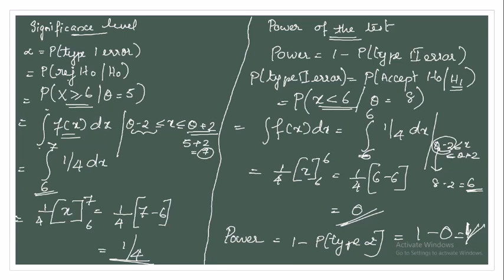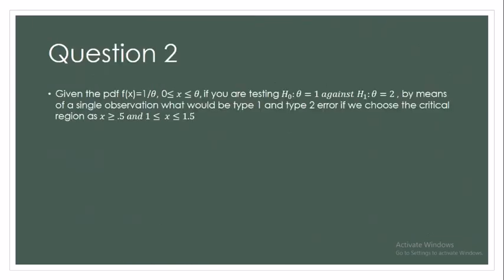Let's move on to the next question. The next question is about what you are given: the PDF f of x is equal to 1 by theta. There is a range for x, that is 0 less than or equal to x less than or equal to theta. Now you are testing H naught, that is the null hypothesis, theta is equal to 1 against the alternative hypothesis H1, theta is equal to 2, by means of a single observation.